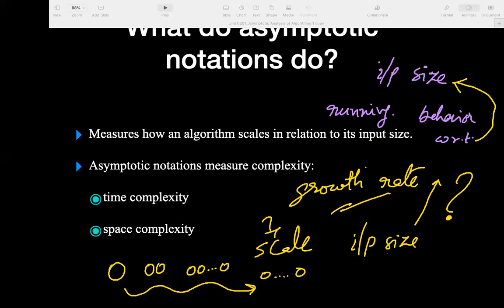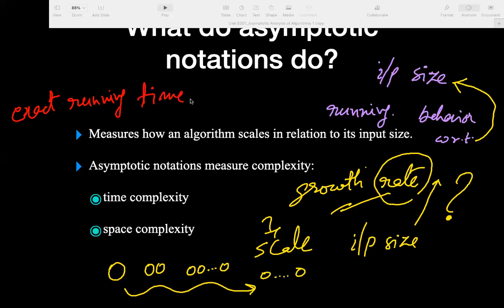We should remember that we are just checking the rate, not the exact running time. This is not what we are looking for.